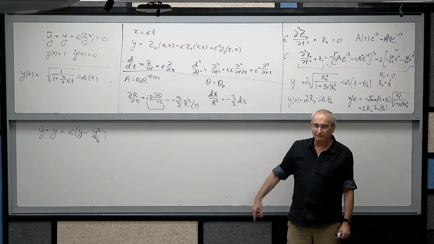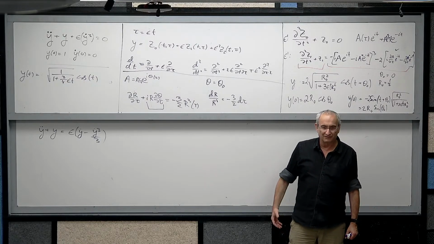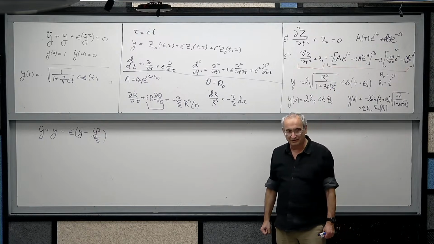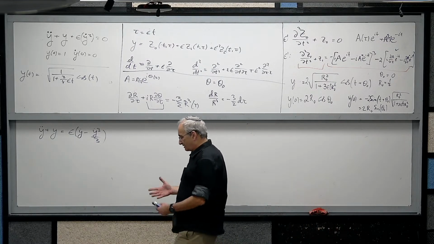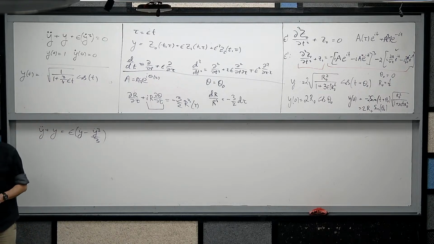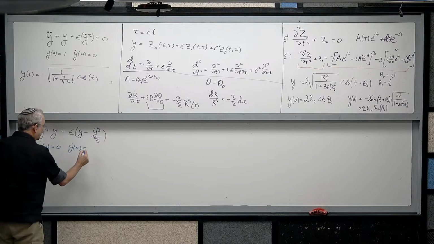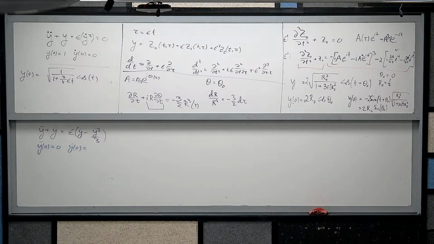However, we have the y dot cubed, so the cubic term will stop the growth. And the question is how we can see that. Again, what will be the initial conditions? The initial conditions will be y of 0 is 0, and y dot of 0 is, for whatever reason that I don't understand, 2a.